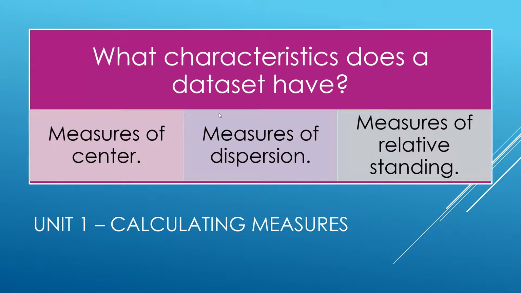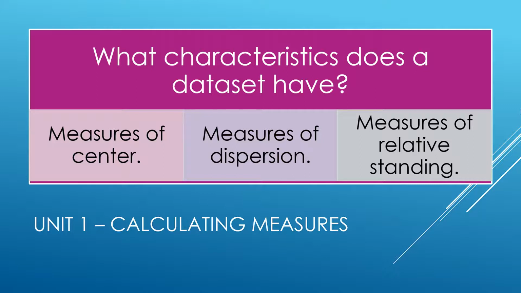Before we get into that, though, let's just take a second and take stock of how far we have come in this course. The first unit we really dealt with was characteristics of a set of numbers. That was all we really worried about at the very start of the course. We talked about measures of center, which was mean, median, mode.